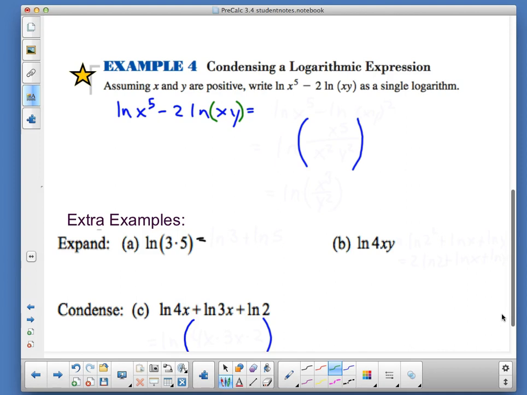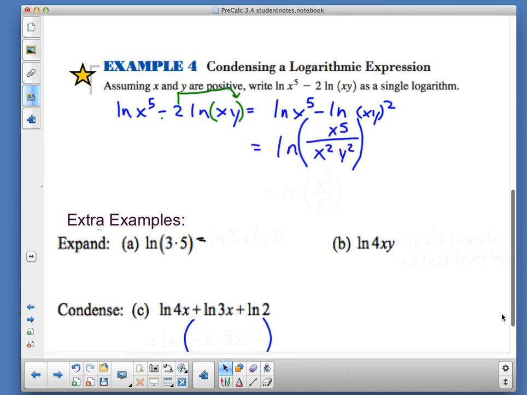This subtract means I've got a division issue going on. So I've got this up here, the first thing. I've got that to go there. And then I've got my division issue to clean up. So I've got the natural log in front, x squared, x to the fifth, and I've got xy squared, so I just went x squared and y squared and distributed those.